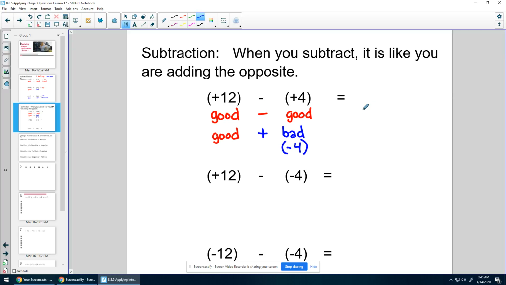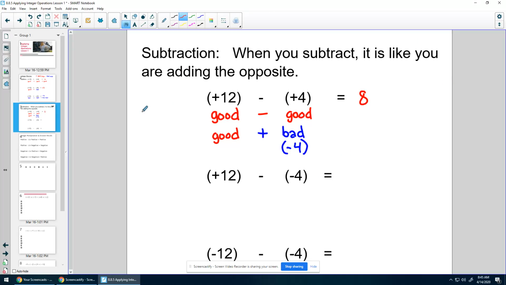Okay, so we have 12 and we're taking away 4. So 12 good guys and we're taking away 4 good guys, which means we are left with 8 good guys.